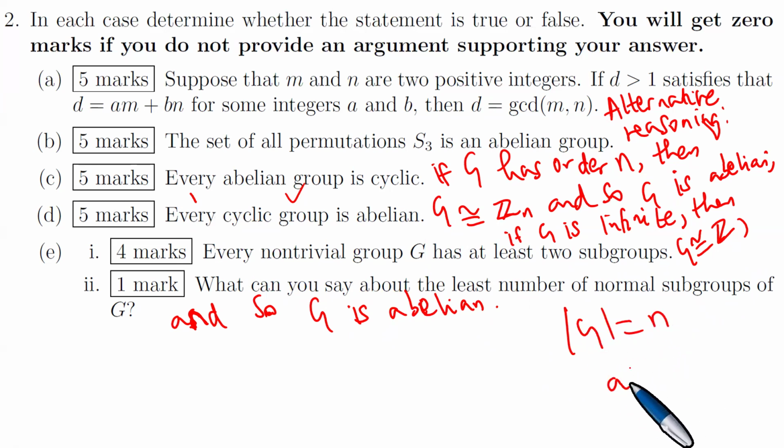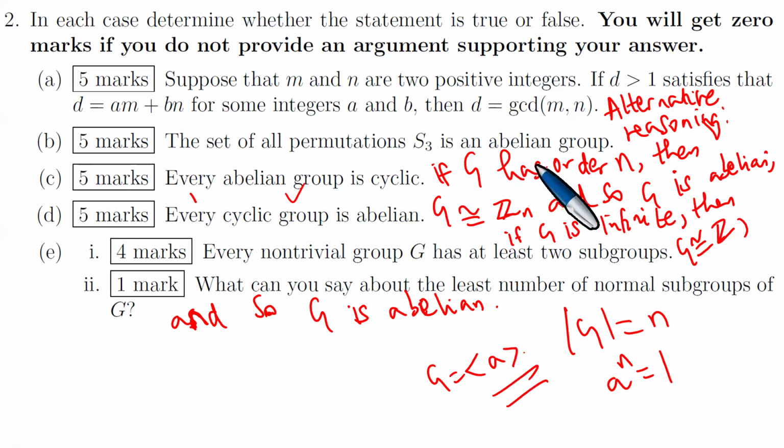Then a to the power n is the identity, and a is the generator of G. So if G has order n, it is isomorphic to Zn; if it is infinite, it is isomorphic to Z. We are just discussing some of these intermediate results.